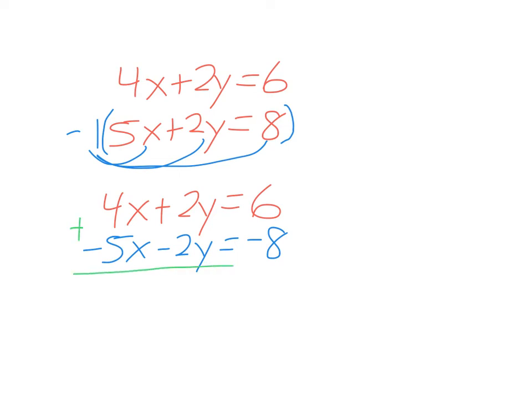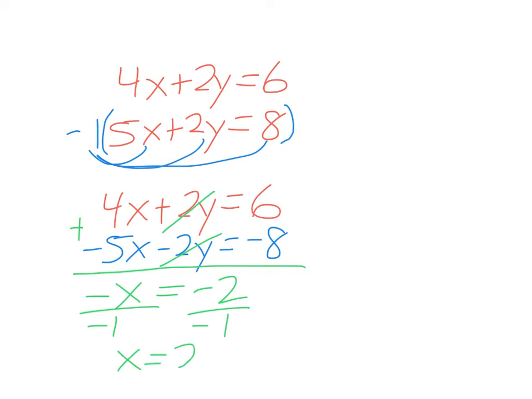Now, when I add the equations together, I get -x, those cancel because they're opposite signs, equals -2. -x equals -2, divide both sides by -1, and I get x is equal to 2.